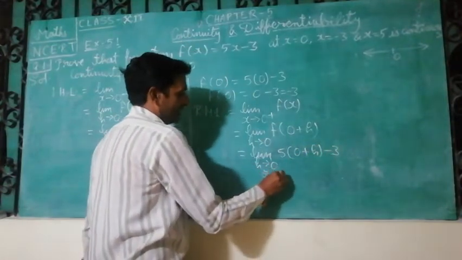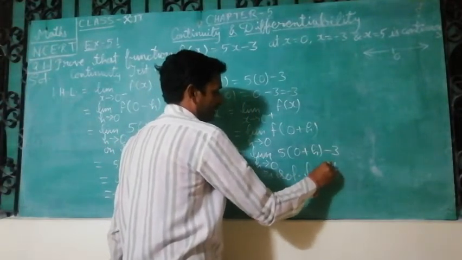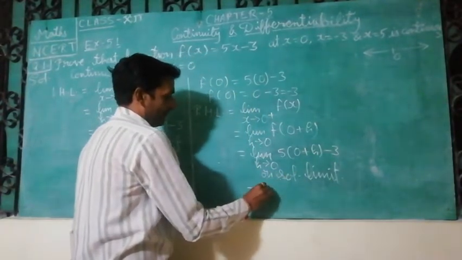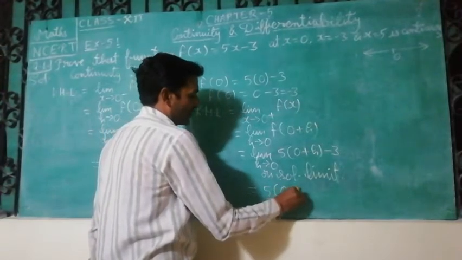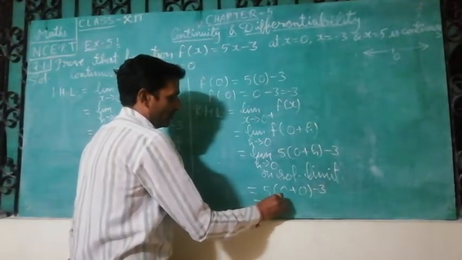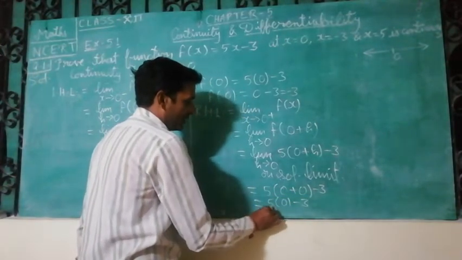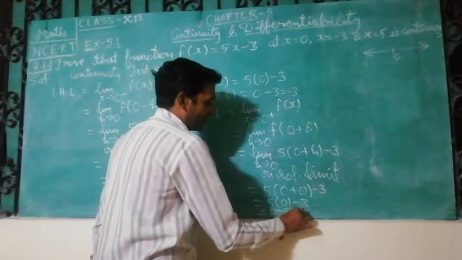On solving the limit, this becomes 5 into (0 plus 0) minus 3, which is 5 into 0, because 0 plus 0 is 0 only, minus 3. So it is also 0 minus 3, that is equal to minus 3.